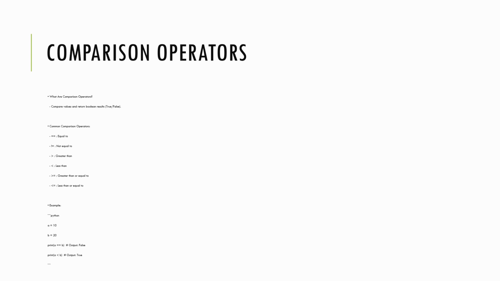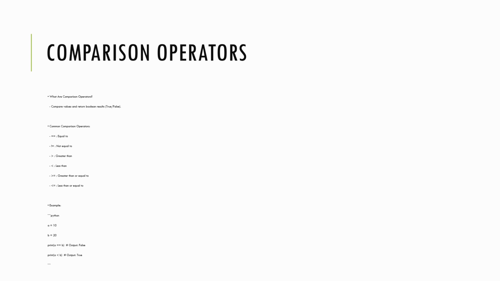Moving on to comparison operators. These operators allow you to compare two values and return a Boolean result, either true or false. The double equals checks if two values are equal. The not equal operator checks if they are not equal. Greater than checks if one value is greater than another.